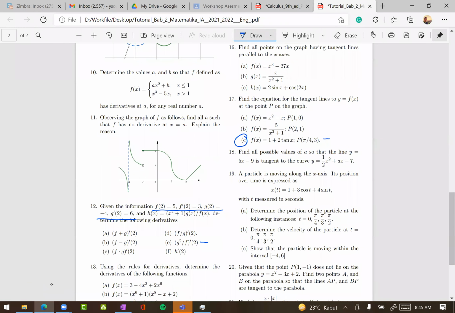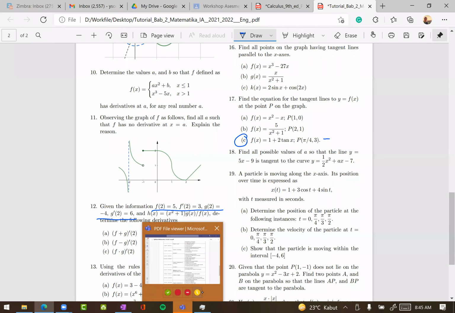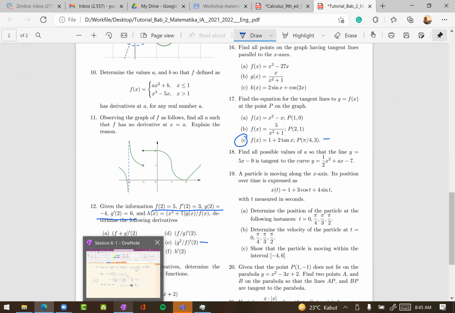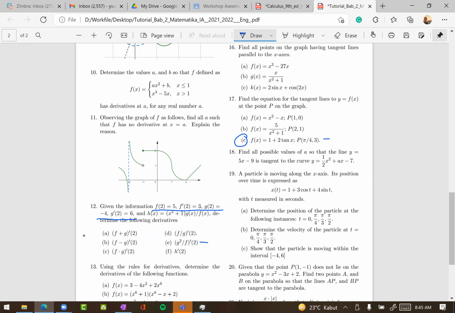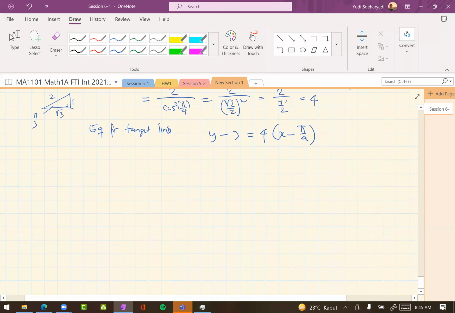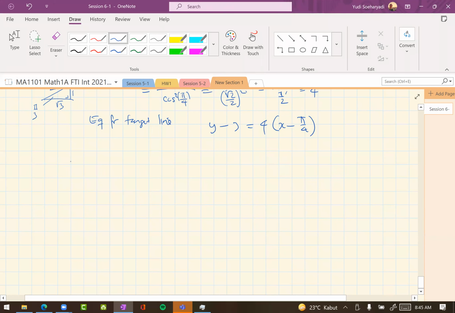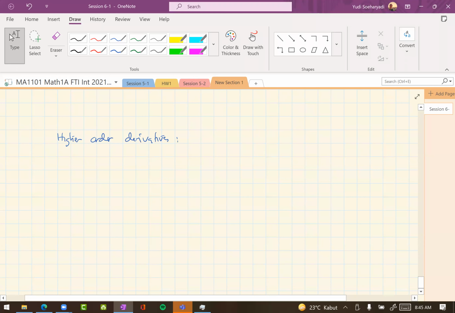All right, and let's see. Last thing here is what we call the higher order derivative. Okay, so what does it mean?